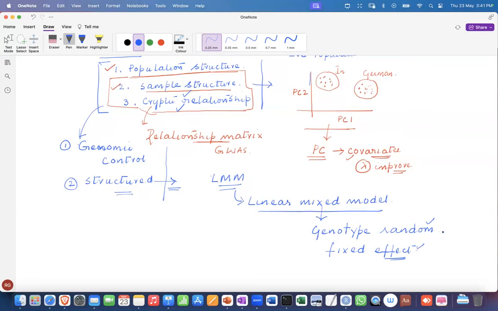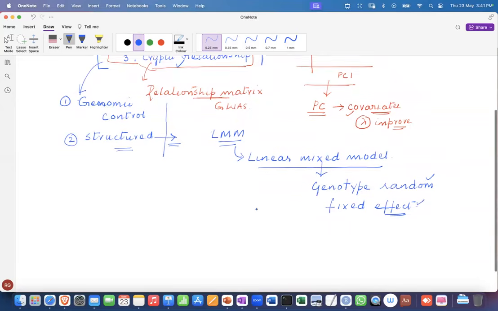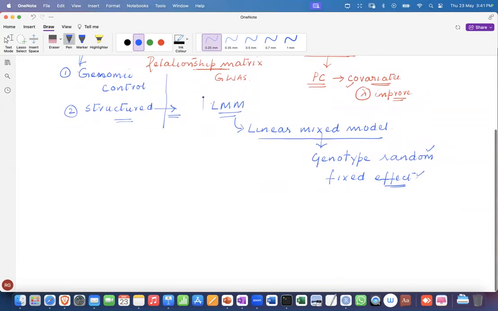Right. Now what happened? Getting the betas is your ultimate aim, and that too betas for your millions of SNPs. Getting this for millions of SNPs is quite a tough job using your LMMs.